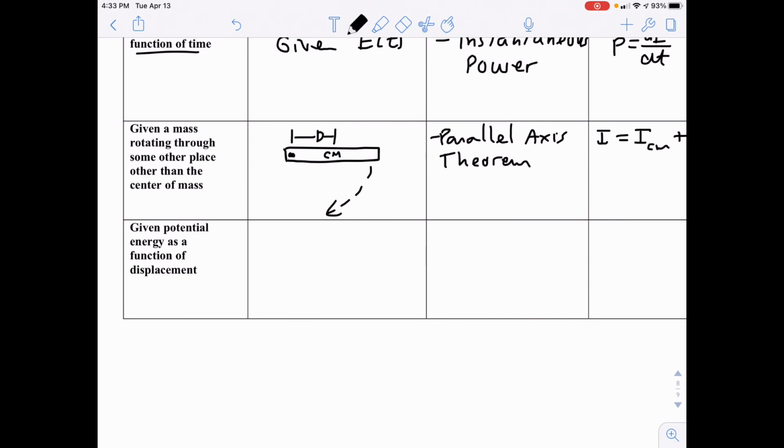And finally, what if we're given potential energy as a function of displacement? So we're given a U of x function.